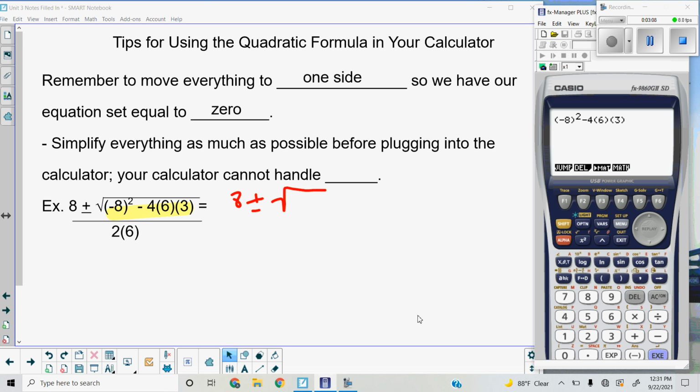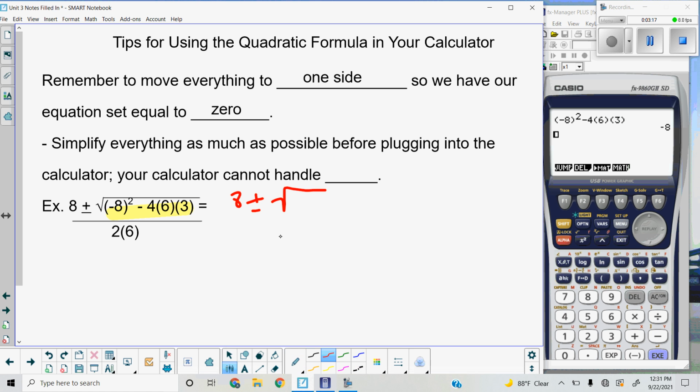So I've typed in everything exactly as it was under our square root. And I press enter. We get negative 8 over 2 over 6. We could either plug into our calculator, or we know 2 times 6 is 12.